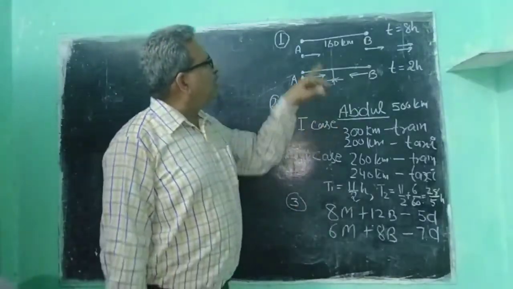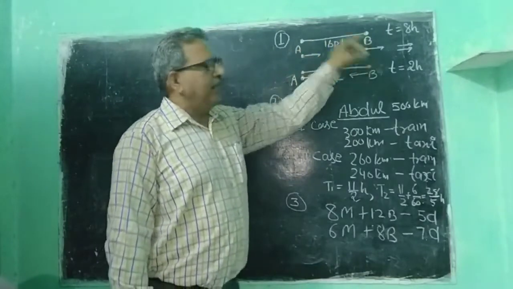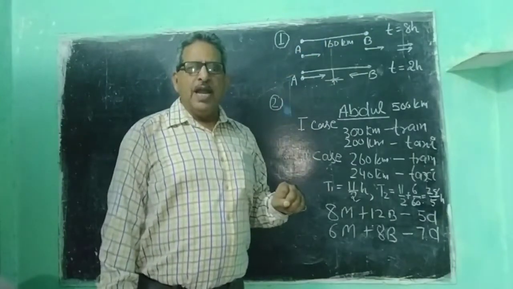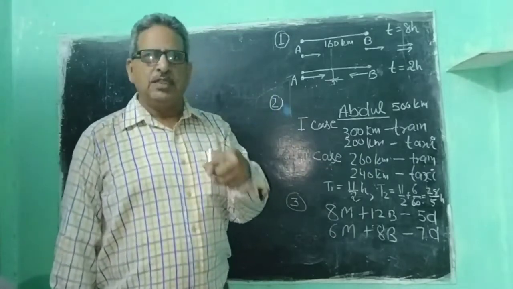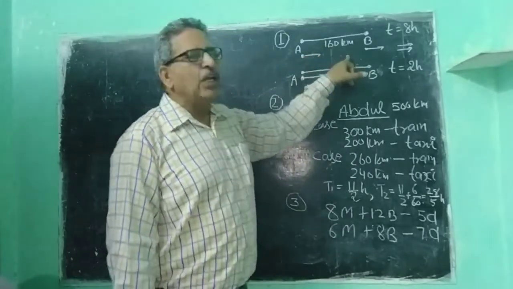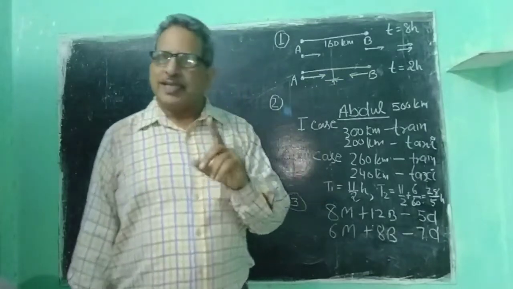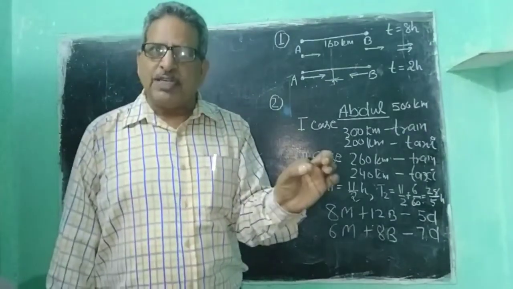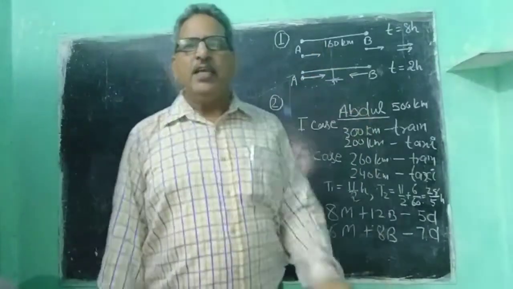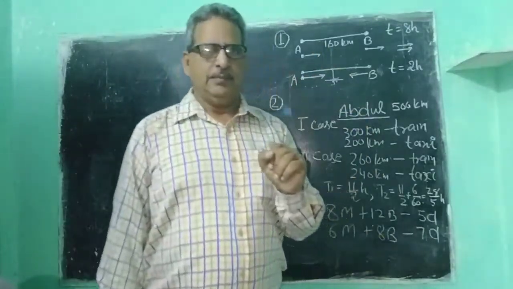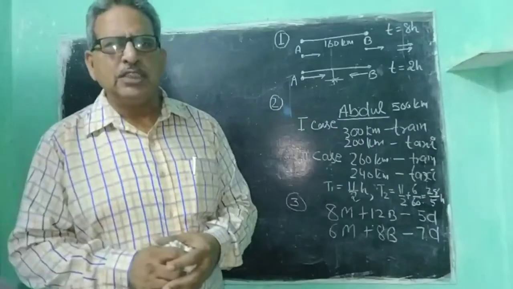There are two stations A and B, and the distance between these two stations is 160 kilometer. Clear? Now what happens?